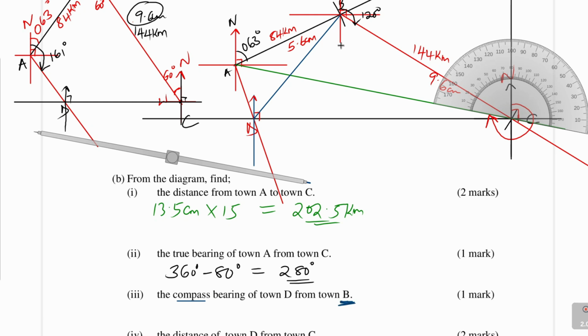From B, D is to the south, and then we need to measure this angle, and remember the angle is to the west. So we need to measure this particular angle. It is to the south, so we already have that south, and it is to the west, so we only need the angle that comes between them.